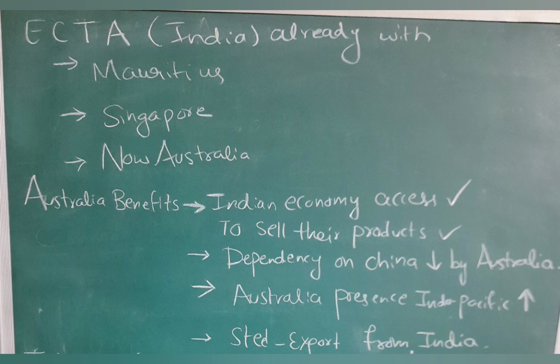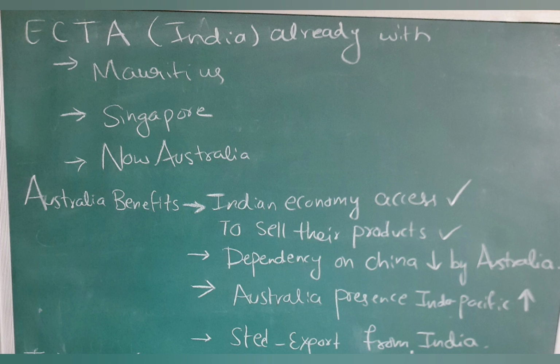What are the benefits of this economic cooperation trade agreement? Australia has more benefits from it. Indian economic access will increase, and India is the best place for Australia to sell its products, because India has a large population, and more population means more needs and wants.